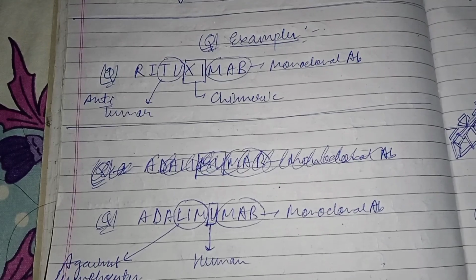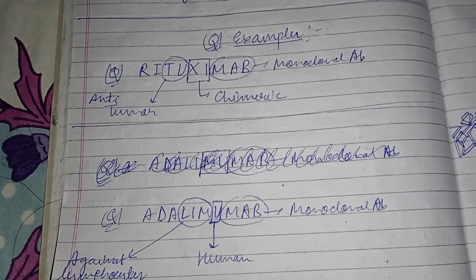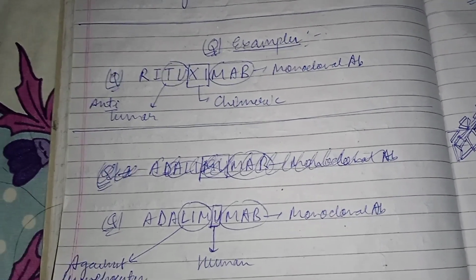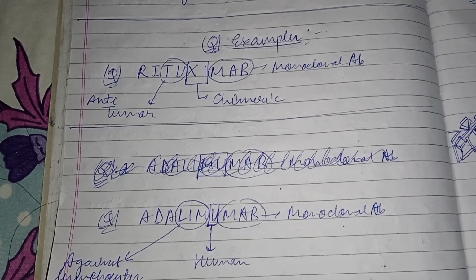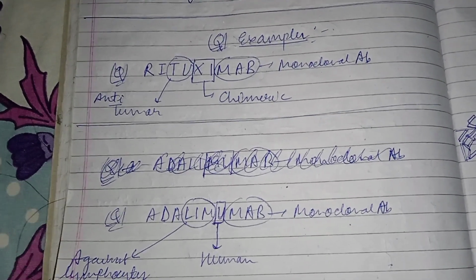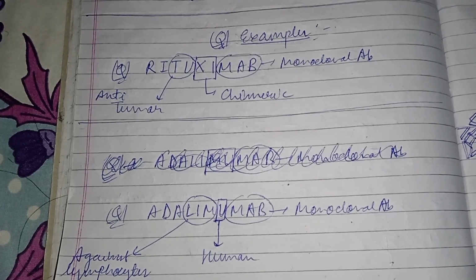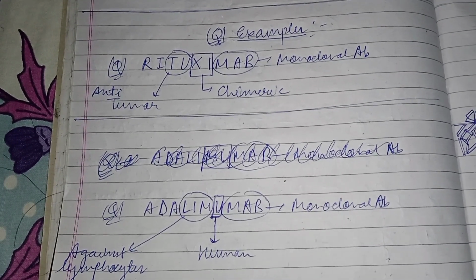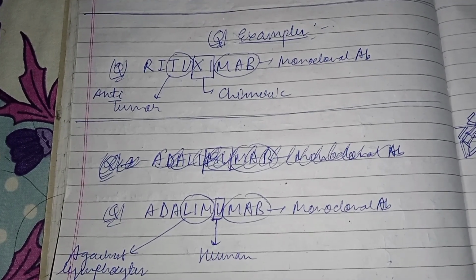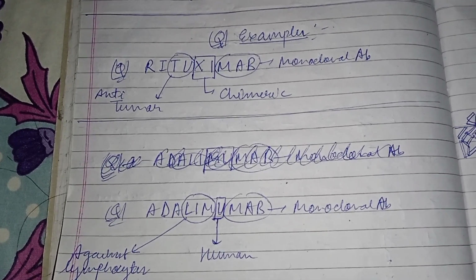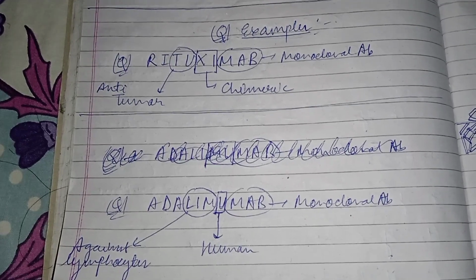MAB means monoclonal antibody, as I have circled it over here. You can see XI means it's chimeric, and TU means it is anti-tumor, tumor targeting. So rituximab is a tumor targeting chimeric monoclonal antibody.